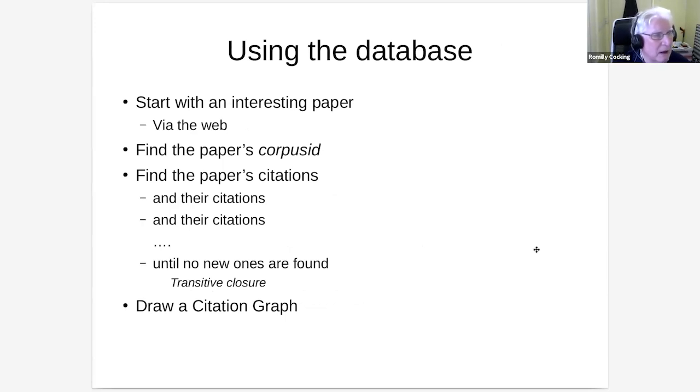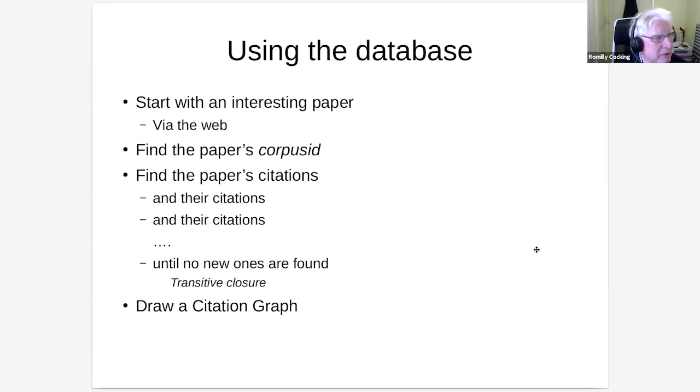So I've got all the data loaded on the database, and now I've started using it. And typically the process that I go through for the kind of stuff that I'm doing involves me starting out with some interesting paper which I found via the web, and then I'll use Semantic Scholar to tell me what the paper's SHA is.